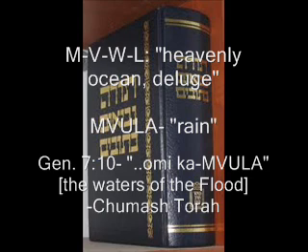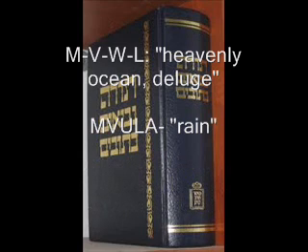The reason why I bring that up is because that is also another letter combination that we separate when we say ma bol or ma vol, when it's actually bol or vol as in mvula.